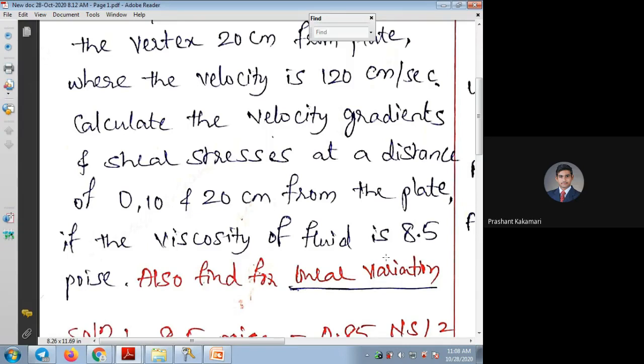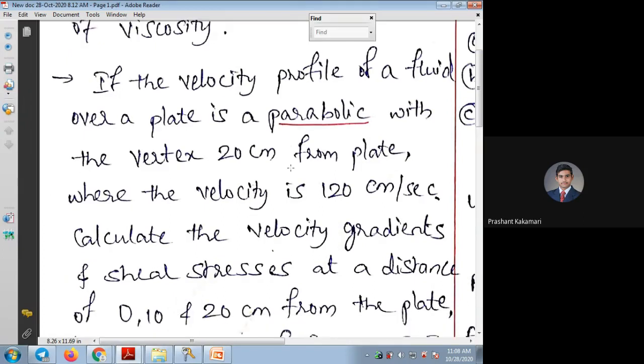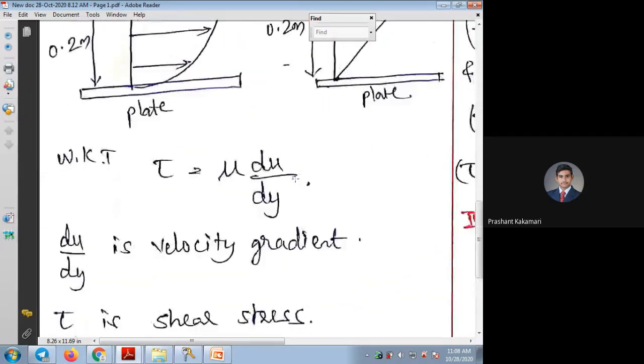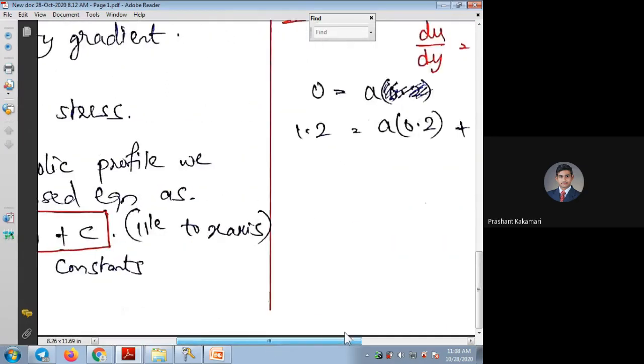Okay, so to find this, in the problem, they have not mentioned any equation for the parabola. If they are not mentioned, you can go by generalized form. If they have mentioned, take that equation, take the differentiation, du by dy, you take the differentiation of the velocity, and you can find the velocity gradients. So for that generalized case, I have taken this equation, u equal to ay square plus by plus c, generalized equation for the parabola.